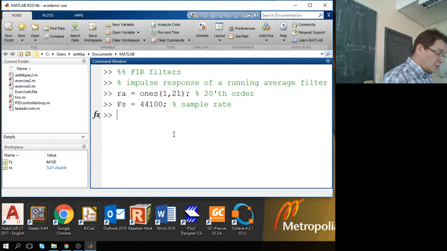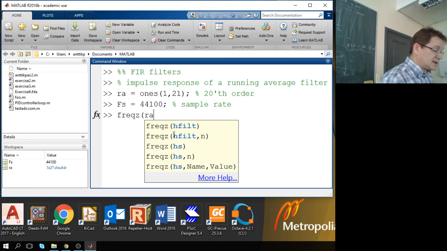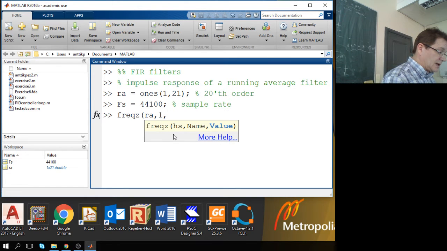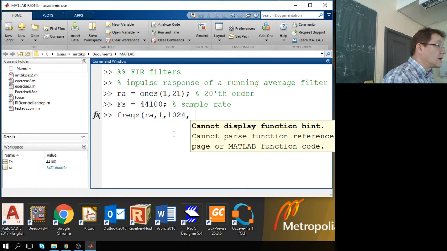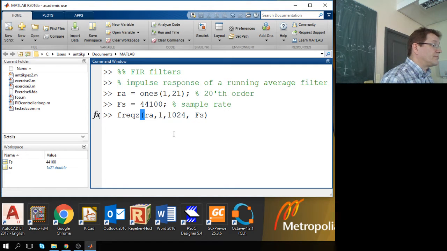Sample rate FS, okay, and then let's take a quick look at what this filter looks like. Frequency response of FIR system with the impulse response as RA. And this one comes from the fact that in the difference equation you have 1 times Yn.